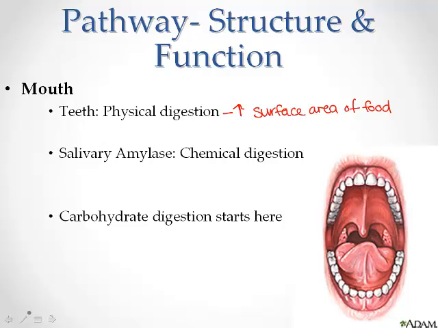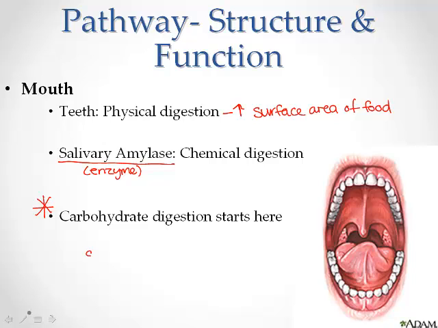So our saliva, or our salivary amylase, is the enzyme, and it is going to chemically digest our food. Its main function is to break down carbohydrates. So carbohydrate digestion starts in the mouth. No other macromolecules are going to be broken down in the mouth, only carbohydrates.